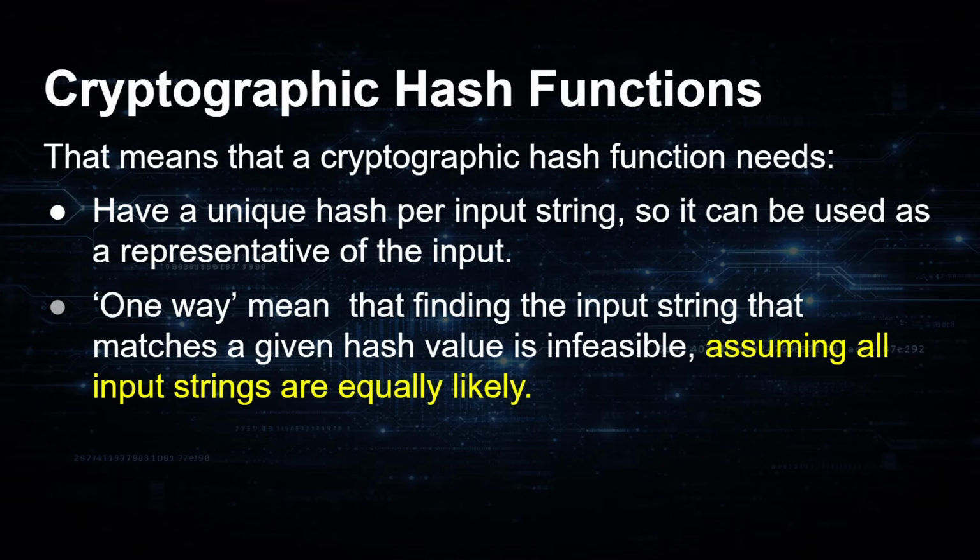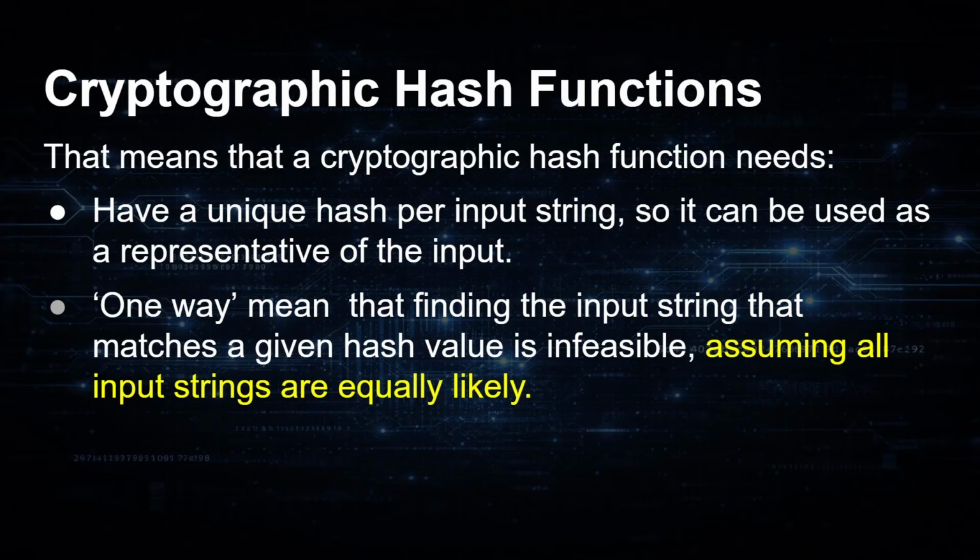It needs to be one way, meaning that finding the input string that matches a given hash value is infeasible, assuming the input strings are equally likely. And the reason I put that there, of course, is that when you're dealing with things like passwords, the strings are not equally likely because there's a human involved, and they're going to put things like password 1234 as their password.